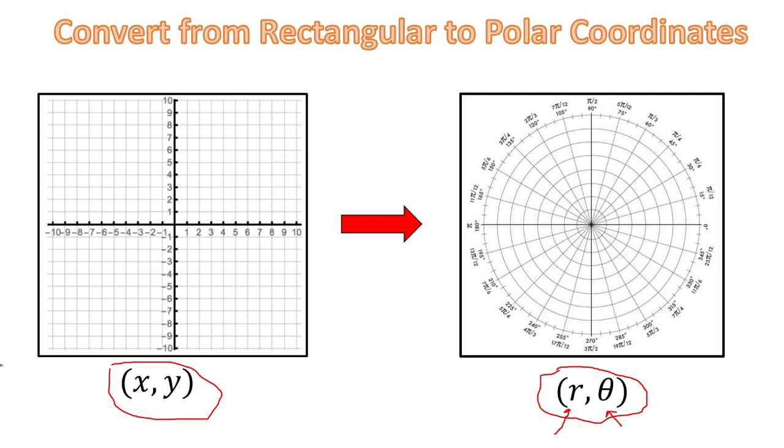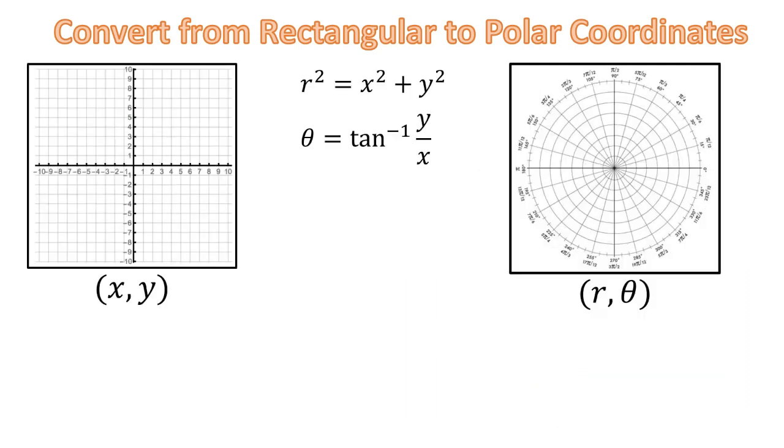In another video on my channel, I explain and introduce the definition of the polar coordinate system. But today I'm going to show you how to convert from the rectangular to the polar coordinate system.